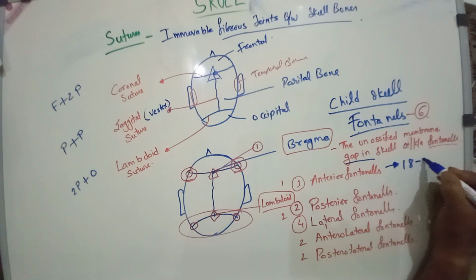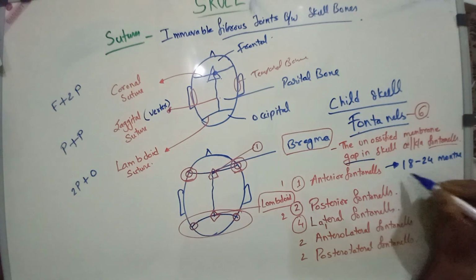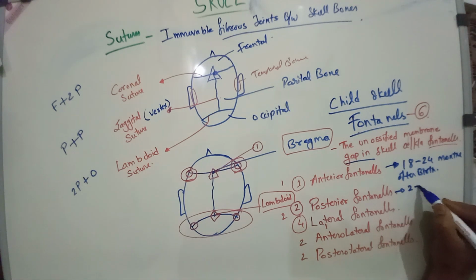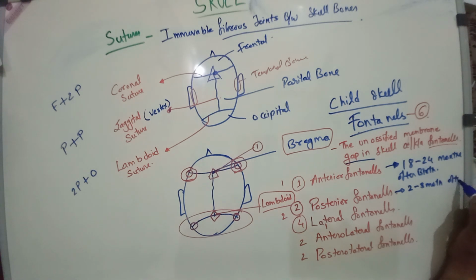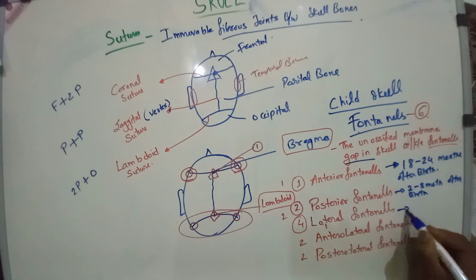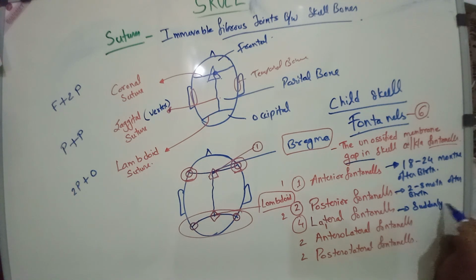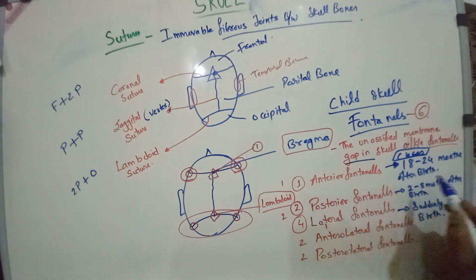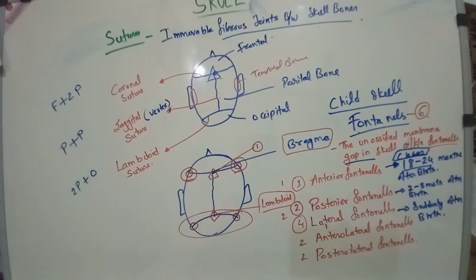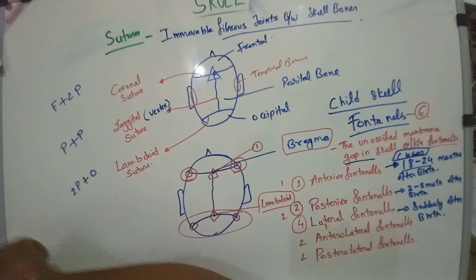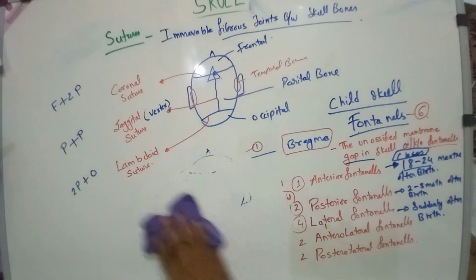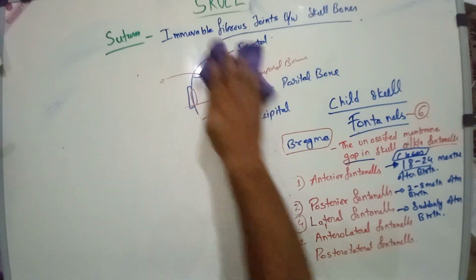The anterior fontanelle closes at 18 to 24 months after birth, and the posterior fontanelle closes 2 to 3 months after birth, and the anterolateral and posterolateral fontanelles close suddenly after birth.